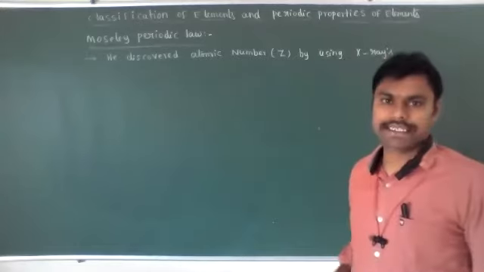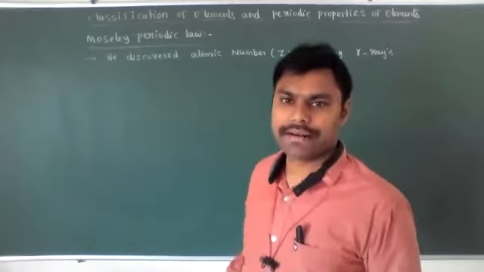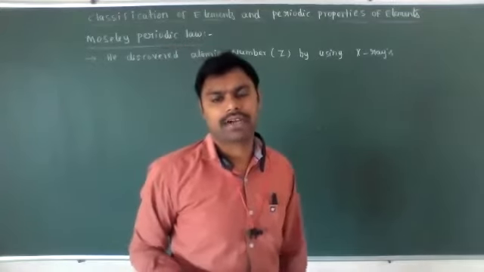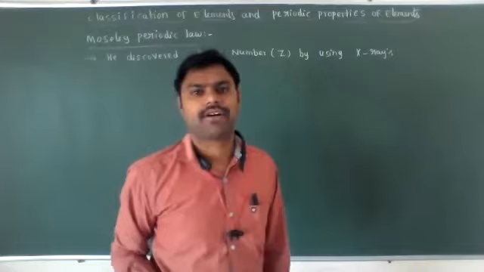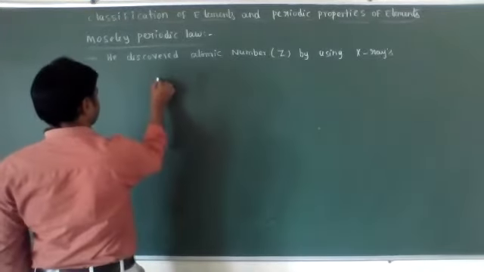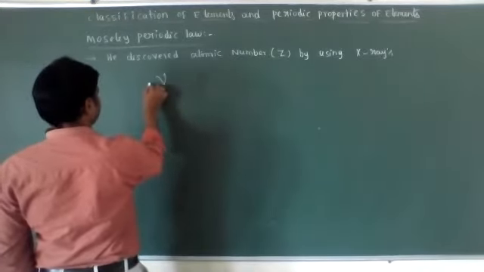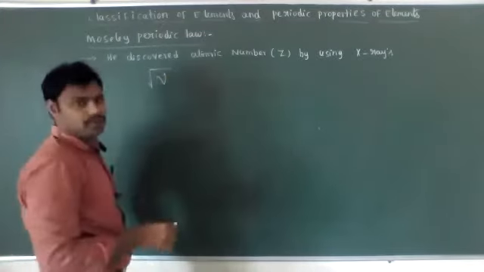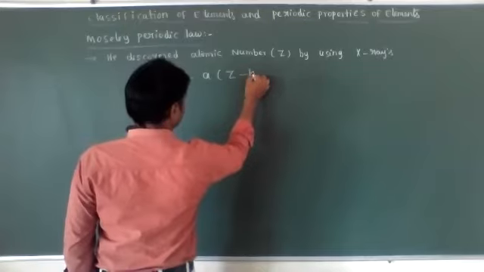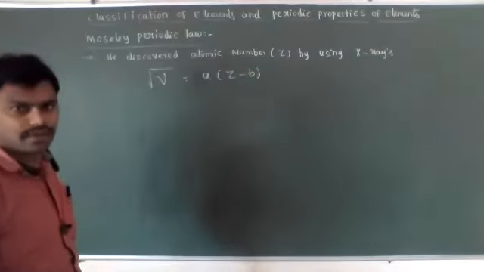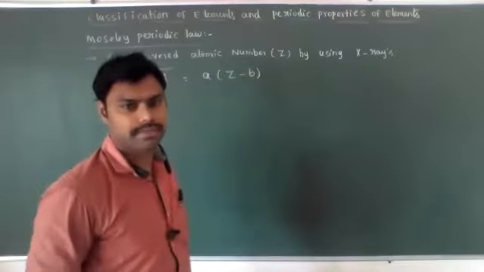By using X-rays, he discovered it. So he made a relation between the frequency of X-rays and atomic number. That is, root nu is equal to A into Z minus B.